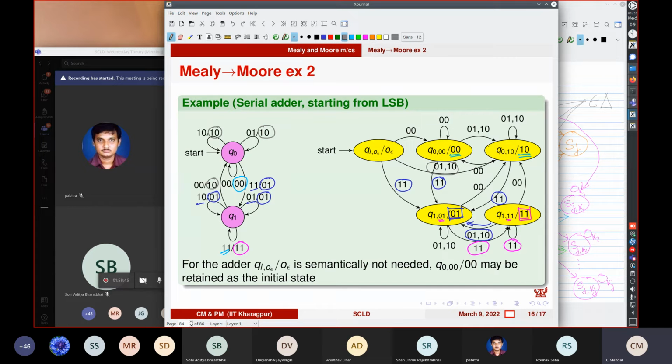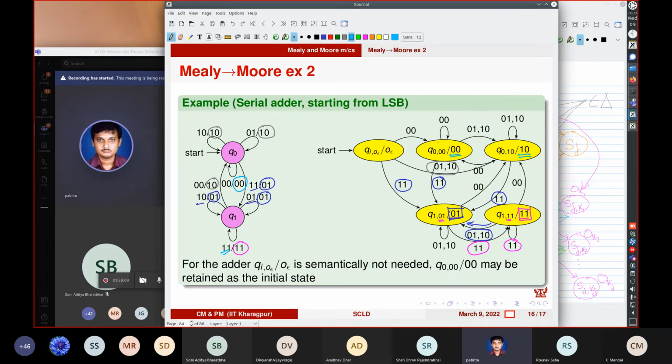Similarly, to get the output 0, 0, I'll make a transition to the copy of Q0 where I get the output 0, 0, and that will be on the input 0, 0. So on the input 0, 0, I make a transition to this copy.